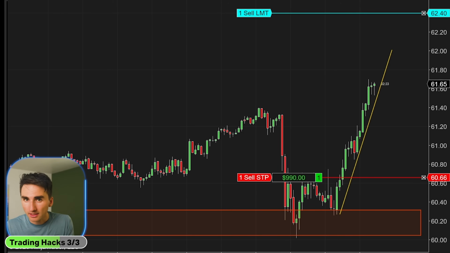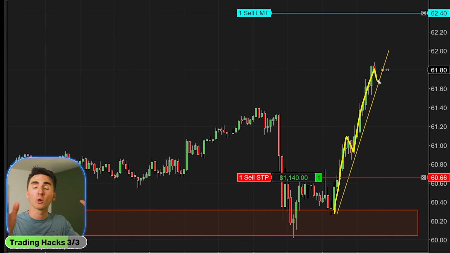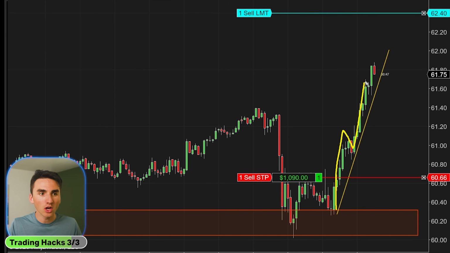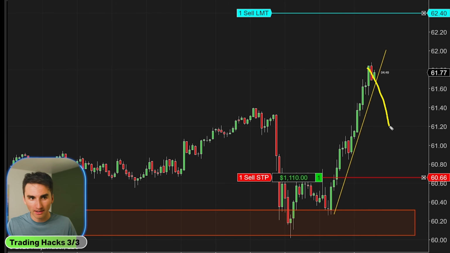But going back to the concepts that we talked about, you can see I have a trend line here. And this upwards trend that is going on here is a very unhealthy or one directional trend. And so my thought is I'm okay holding this as long as it holds this trend line. But as soon as it starts to break that, it could pull back in a big way.